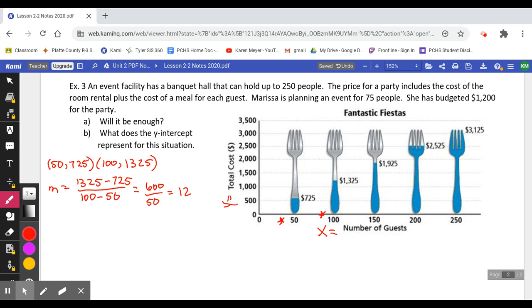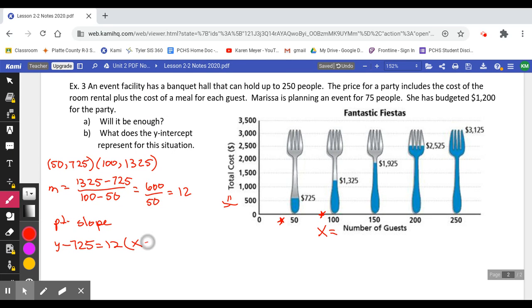So for an equation, let's go to point-slope. I have my slope, and I'm going to choose the first point to use. So y, and the y number is 725, so the opposite is minus 725, equals slope, which is 12, parentheses x.